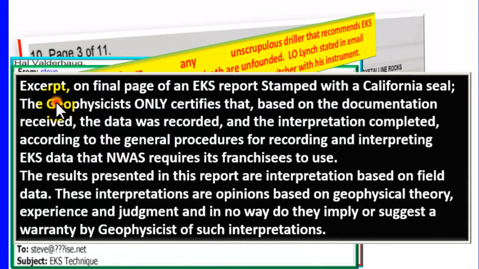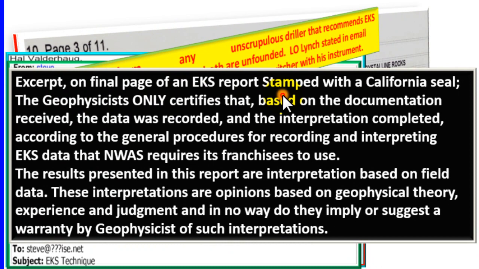This is an excerpt on the final page of an EKS report that is stamped with a California seal. The geophysicists only. Why did they use the word only? The geophysicist only certifies that based on documentation received, meaning he received it, the data was recorded and the interpretation completed. Listen closely.